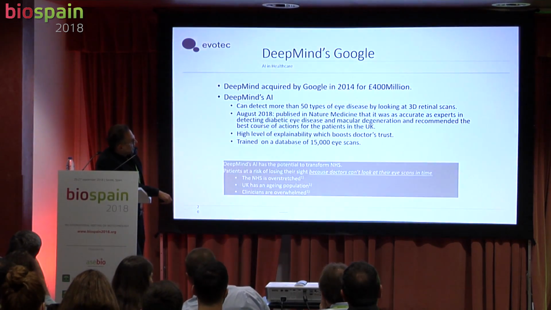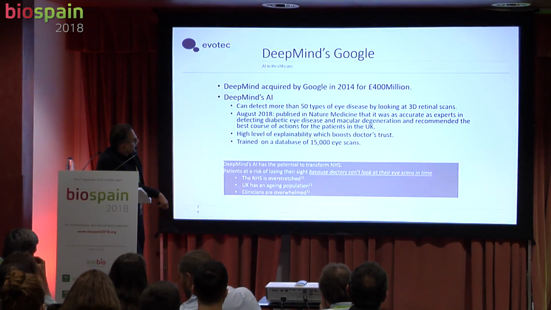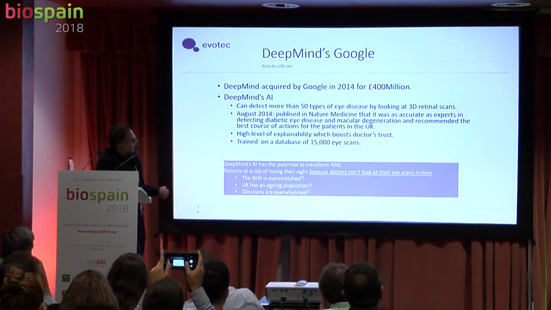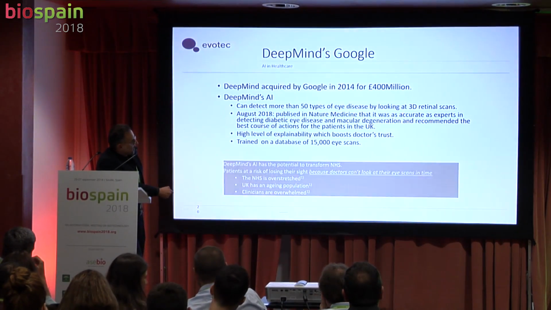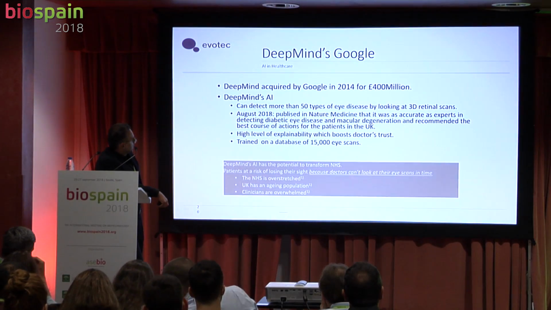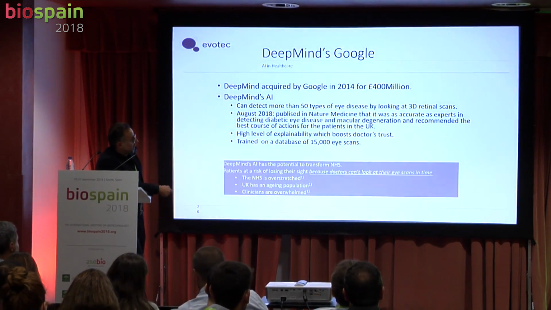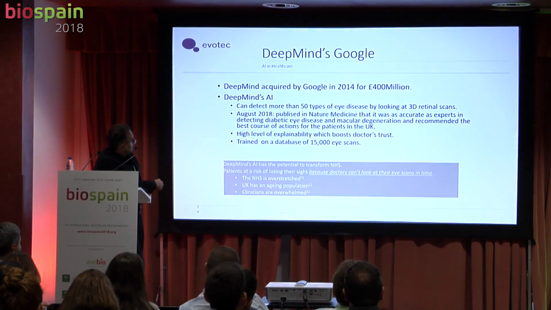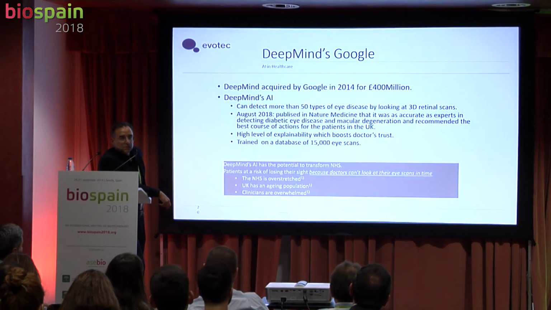And this is really interesting because DeepMind is really effective nowadays. And in August 2018, they published in Nature Medicine that its accuracy was as high as the experts in detecting diabetic eye disease and macular degeneration. And on top of that, it provided the best course of action for the patients in the UK. And that's wonderful.